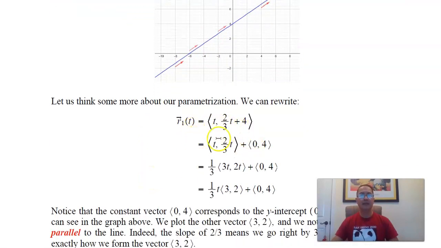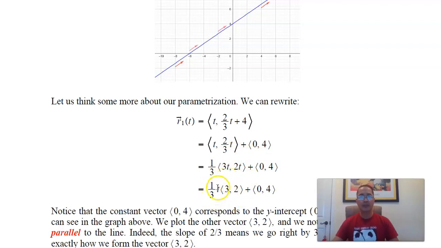Here we dive a little bit more into our parametrization, and we separate this vector into two vectors: one that has the coefficient p, and one that has only constants. Because there is only t in the first coordinate, you have 0 here for this constant vector. So we have this new way to write this parametrization.